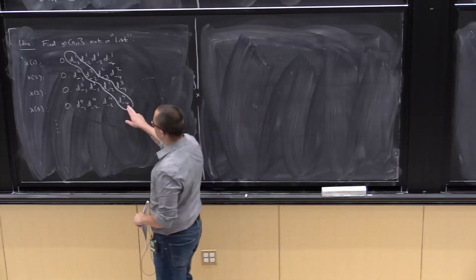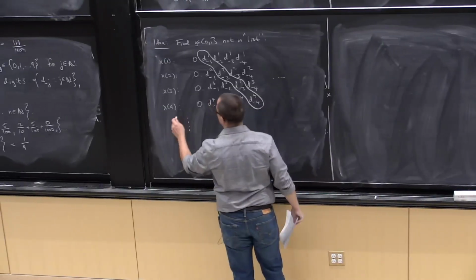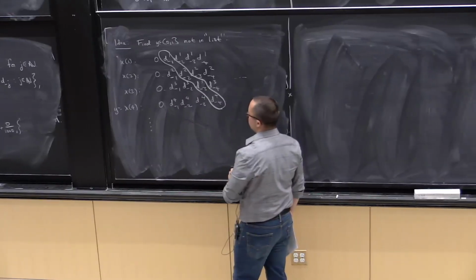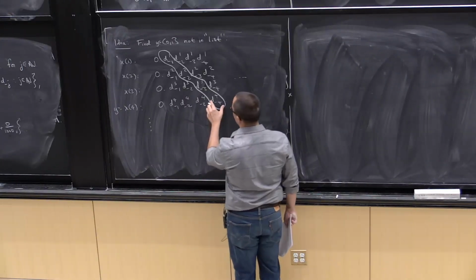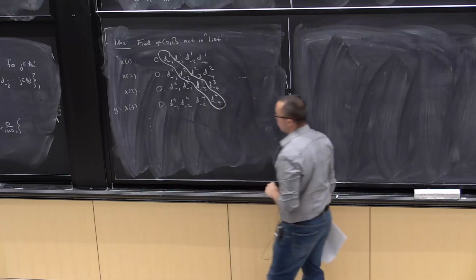So you can imagine if y somehow popped up, let's say, as x4, then this number would have to be the digit for y, but I changed it, and therefore it's not the digit of y, okay?